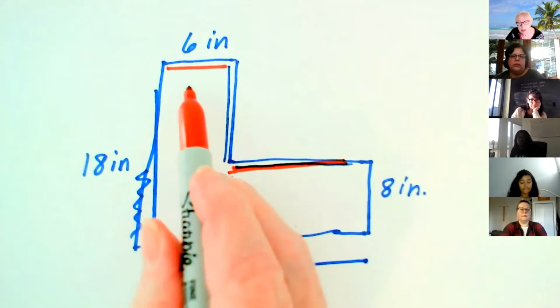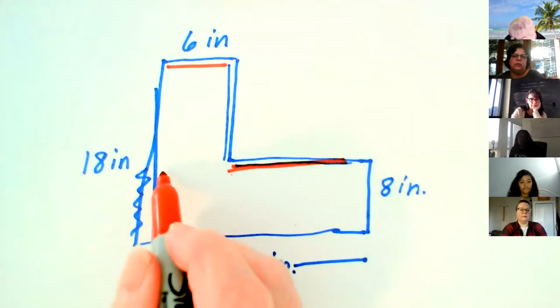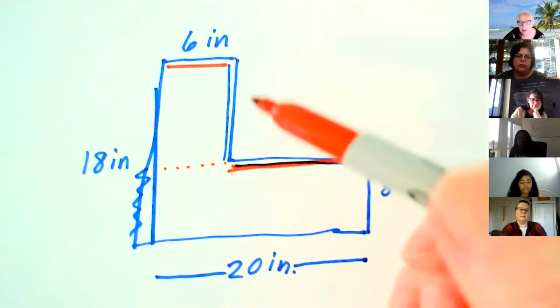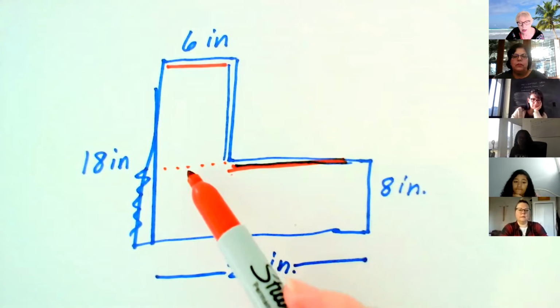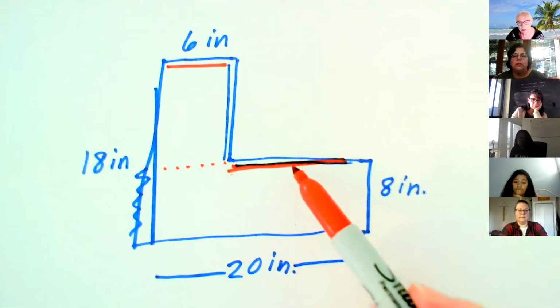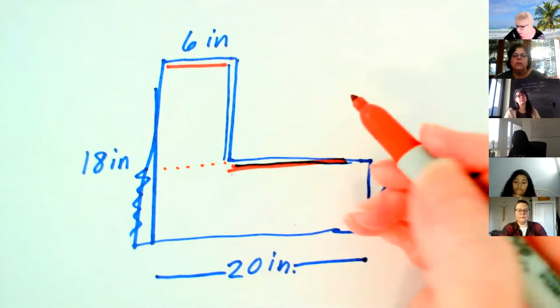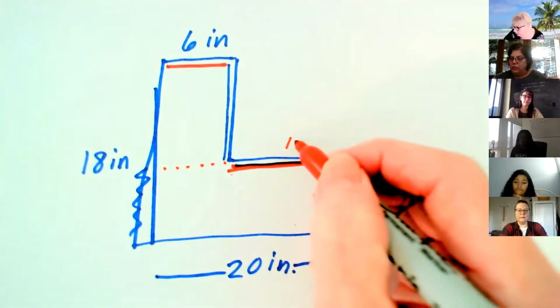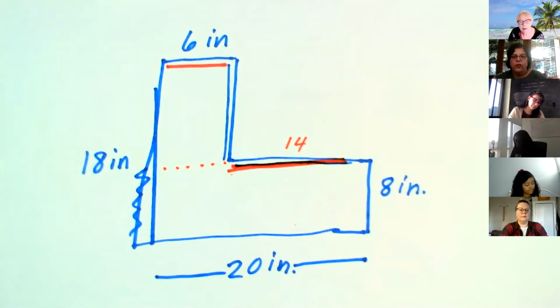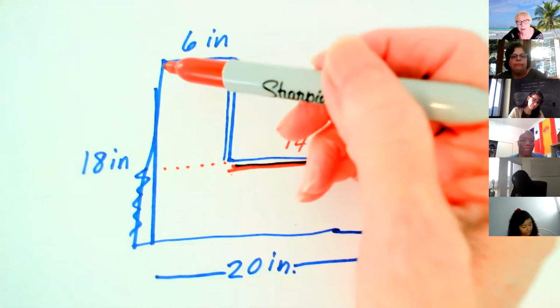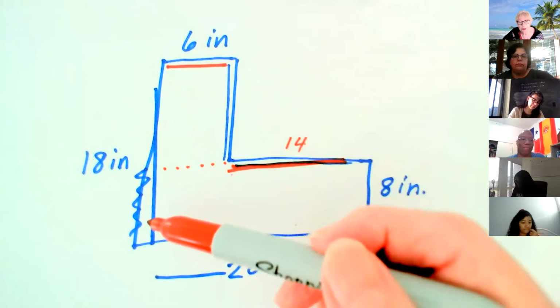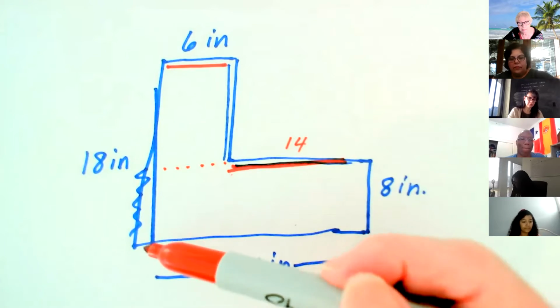The total is 20, but this piece is the same. 6 up here is the same as 6 here. So if this is 6 and the total is 20, this has to be 14. Right. And then the other part was this measurement, the vertical measurement is 18.